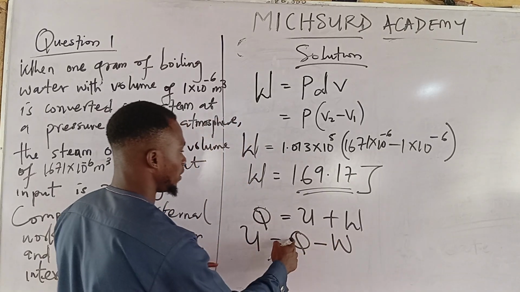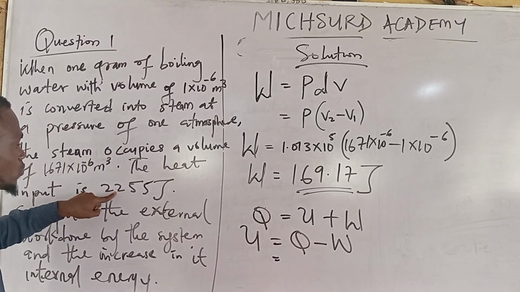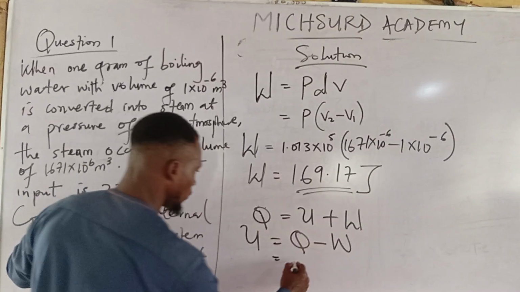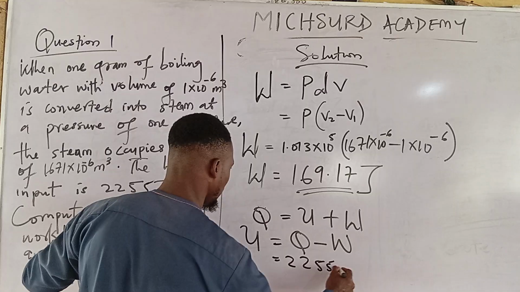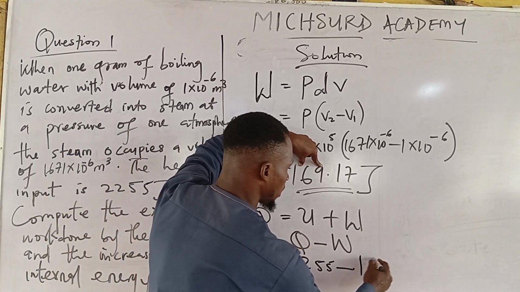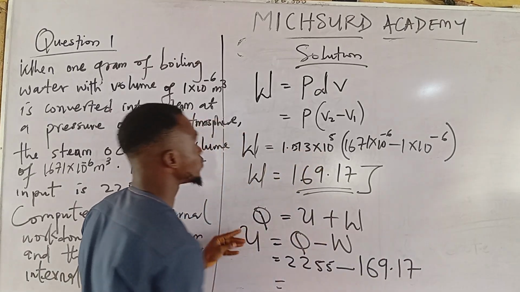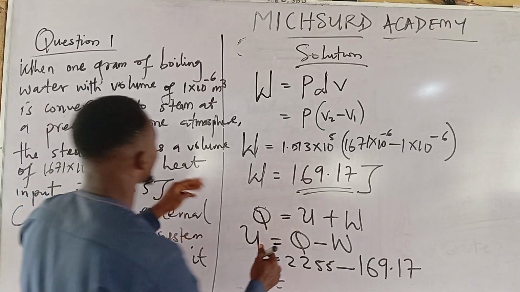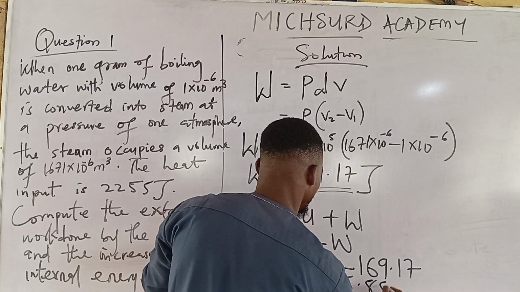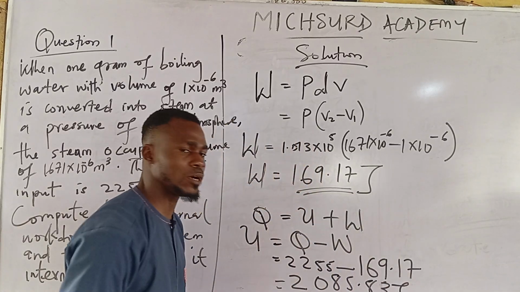The quantity of heat given, which is the heat input, is 2255, so we substitute 2255 minus the work done. The work done is what we just calculated, which is 169.17. If you punch this in your calculator, this will give us 2085.83 joules. So this is the internal energy.